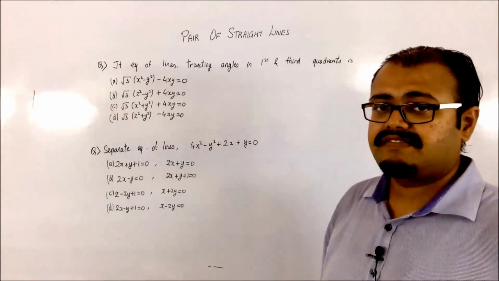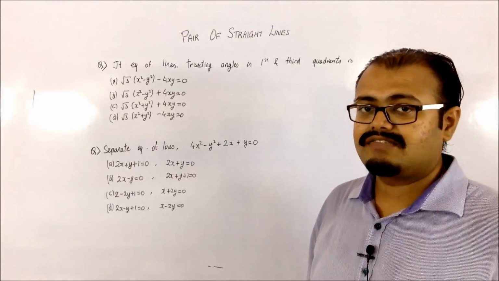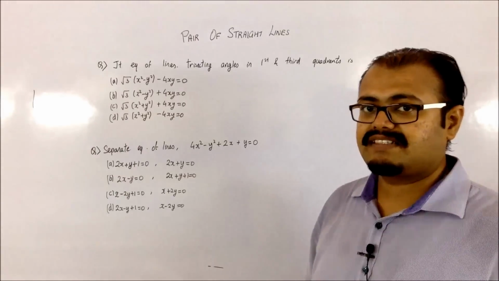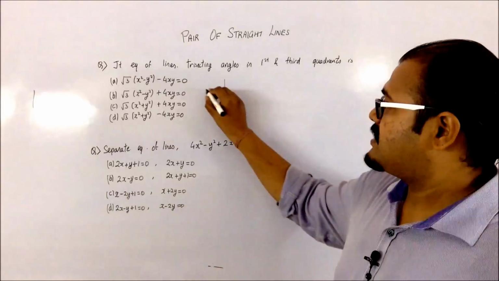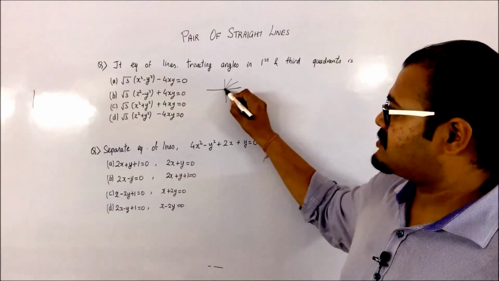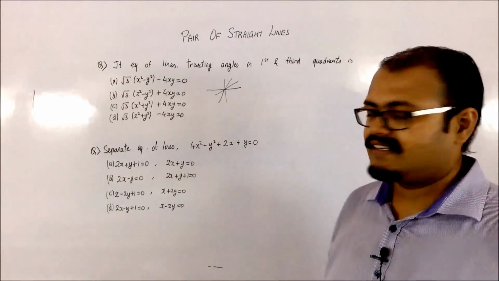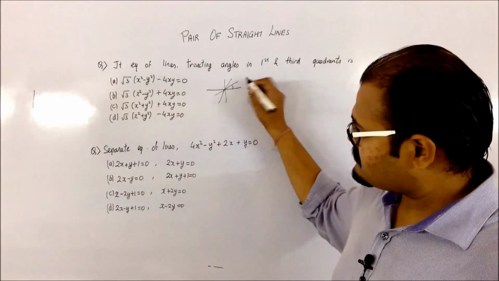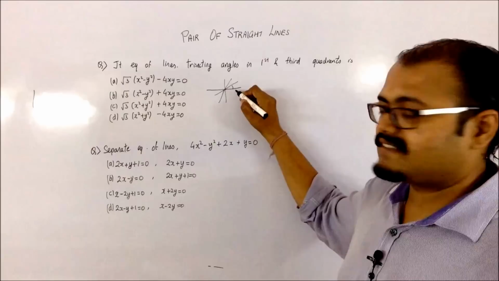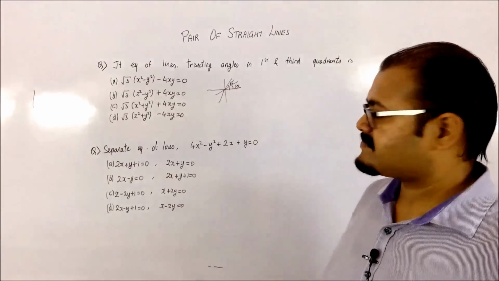In the first question, we have to find the joint equation of the lines which are going to trisect the first and the third quadrant. So I will require two lines to trisect the angles in the quadrant, and since I am trisecting, the angles which the lines will be making with the x-axis will be 30 and 60 degrees.